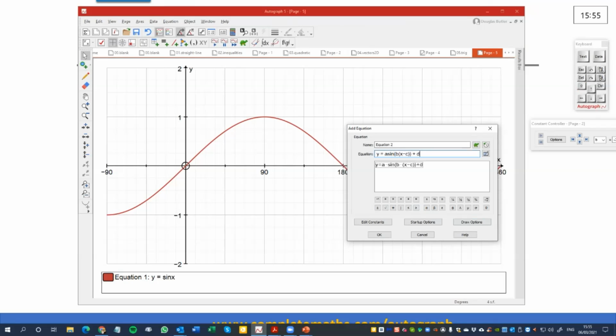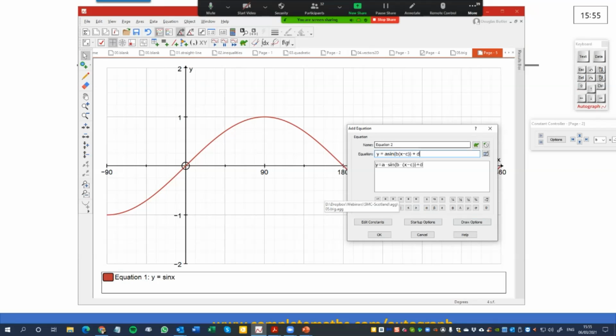Now let's think about that for a minute. A lot of people, including some very reputable textbooks that I've seen, put bx plus c here, and that's wrong, because b and c are independent, and b is the frequency and c is the translation to the right, and they are well identified here. But if you put bx plus c, b and c are interdependent, and so it gets a bit messy.